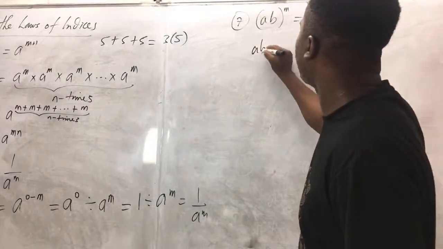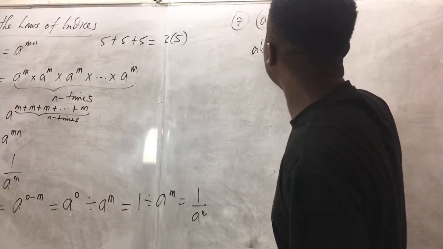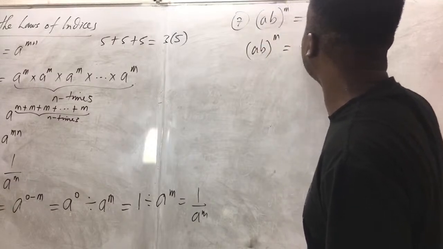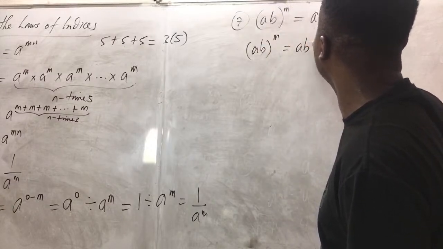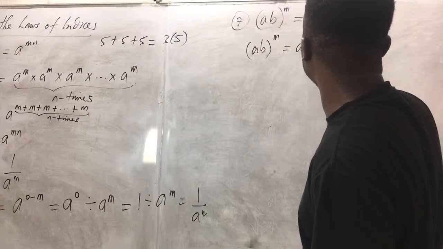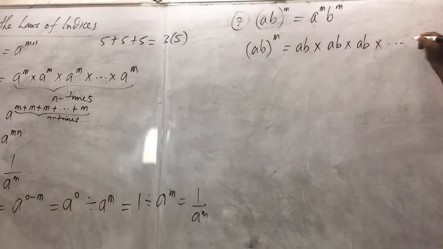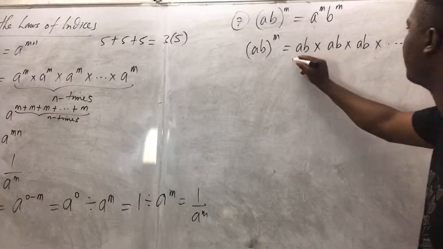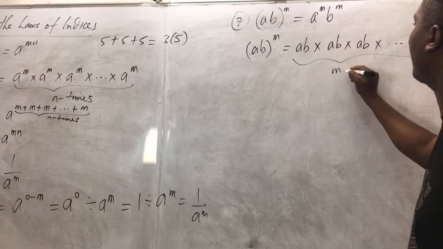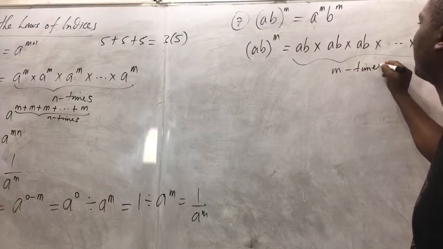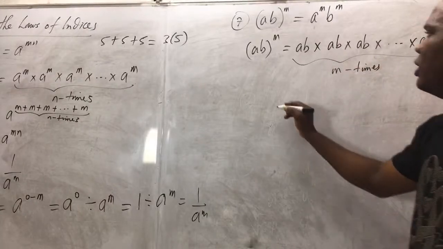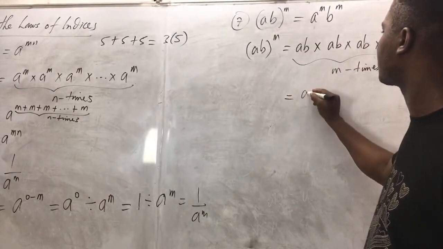To prove this, all I'm going to do is (ab) raised to power m will be written in expanded form as ab times ab times ab times ab. How many times are we multiplying ab? Of course, we are multiplying ab by itself m times. Now, you could call it taking like terms.